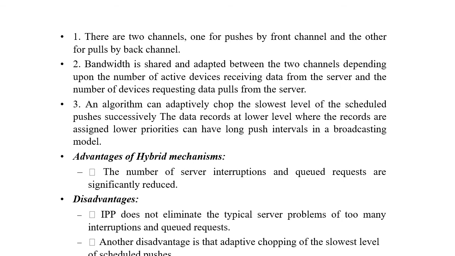So the advantage is that the number of server interruptions and queued requests is significantly reduced. Definitely yes, we are only requesting what we want, so interruptions on the server are reduced.